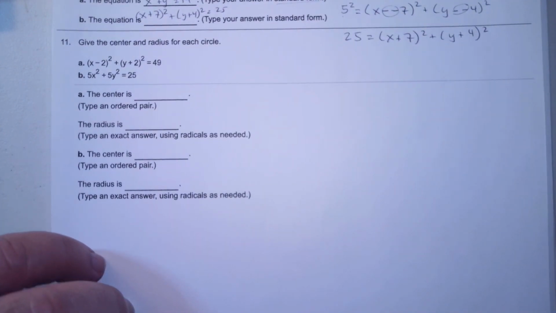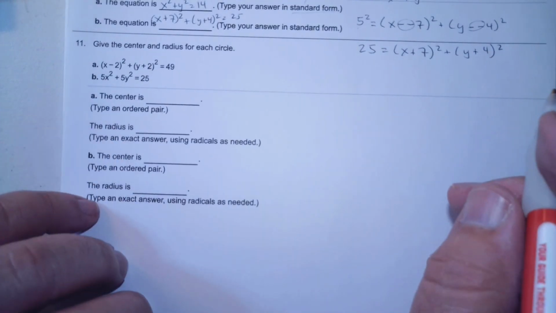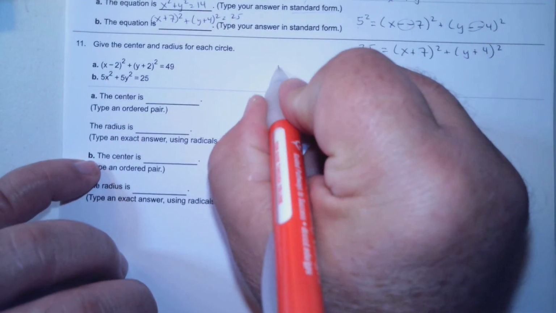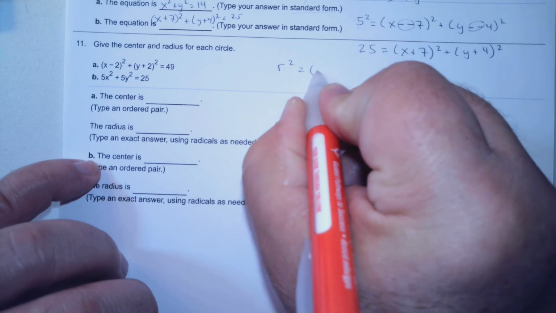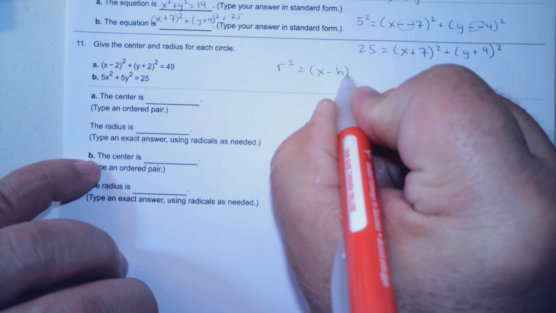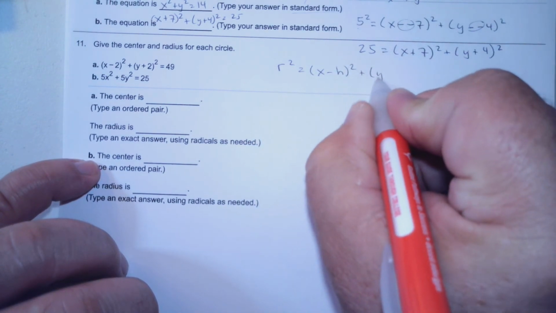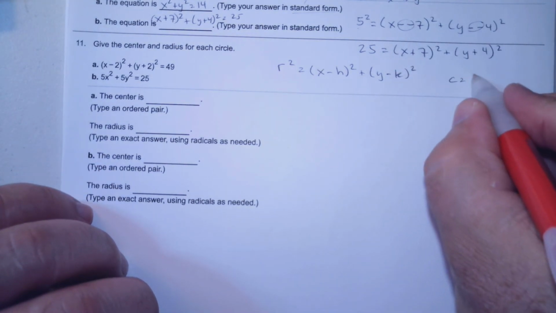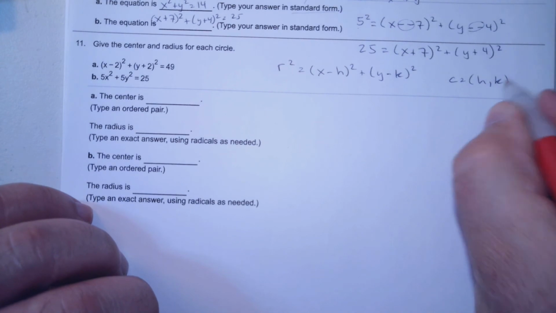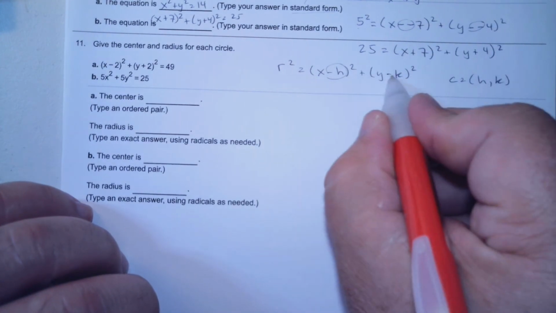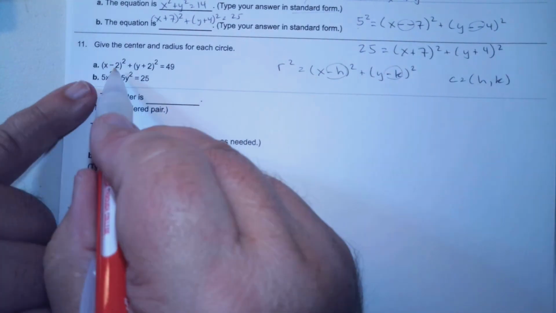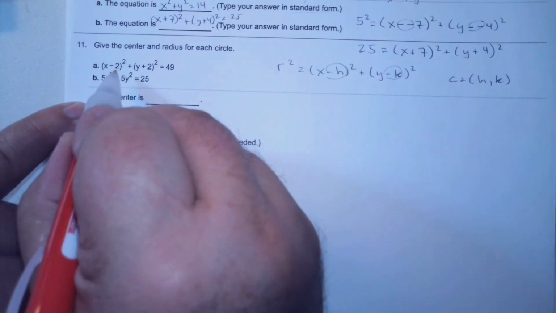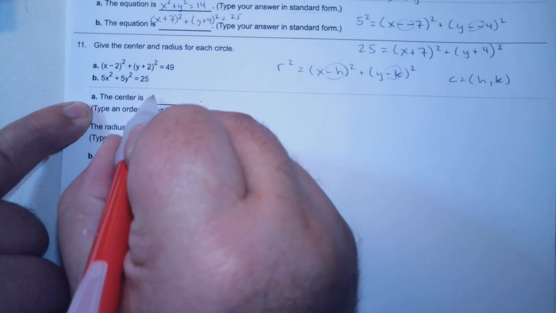Give the center and radius of each circle. Remember, the formula is r squared equals (x minus h) squared plus (y minus k) squared. And the center is (h, k). Remember, it's going to be the opposite sign. So here, for this one, the center is at 2, negative 2.